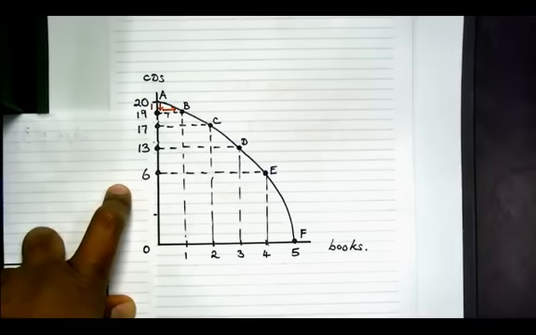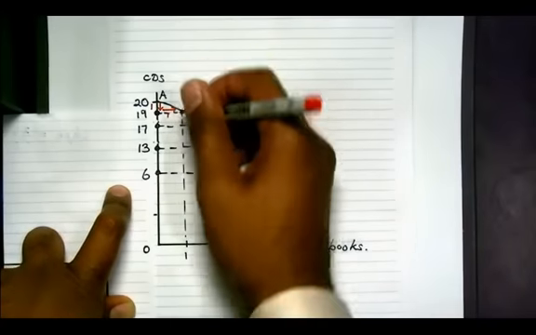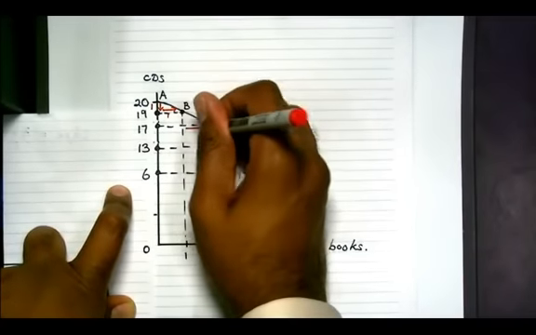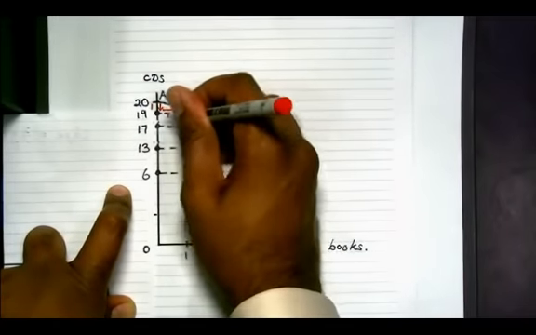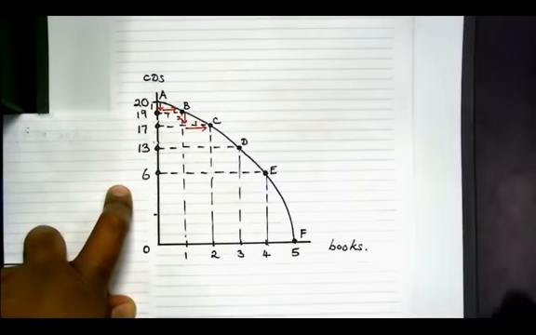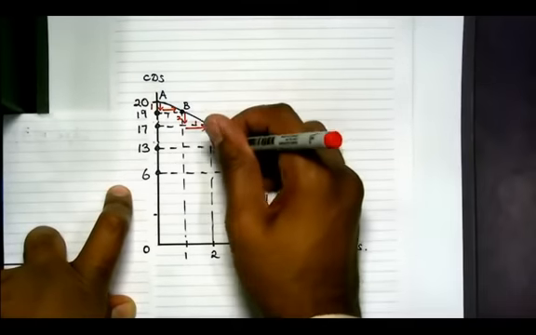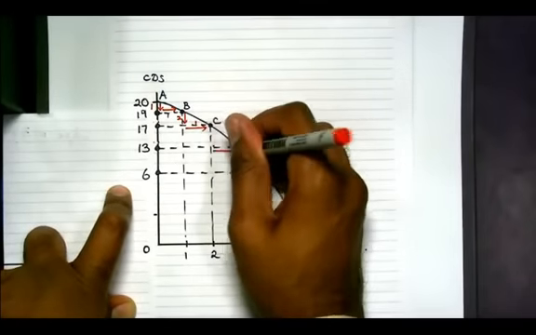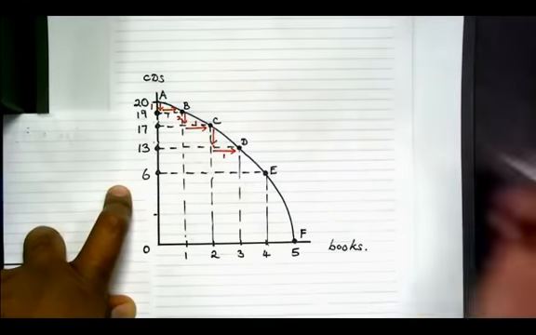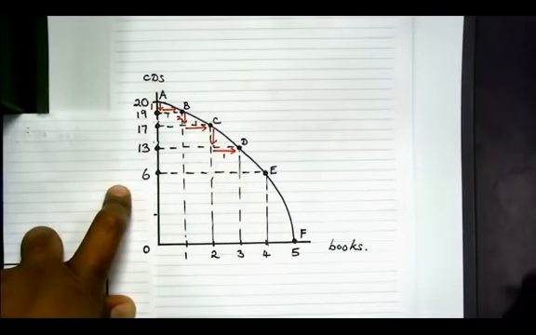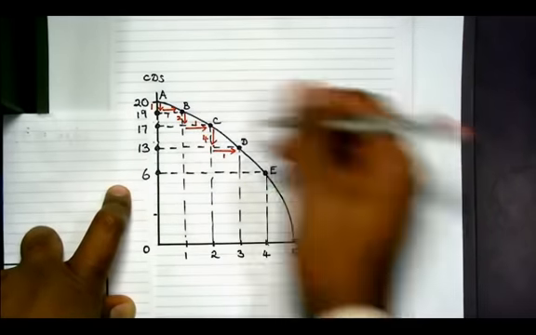Agree with that? To make the second extra book, we need to sacrifice 2 CDs. To make the next extra book, we need to sacrifice 4 CDs.